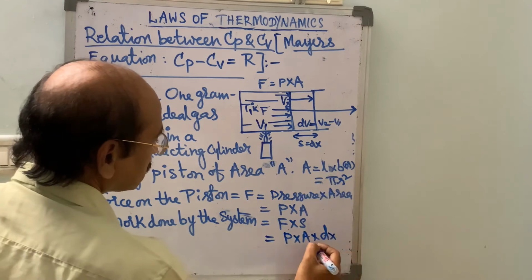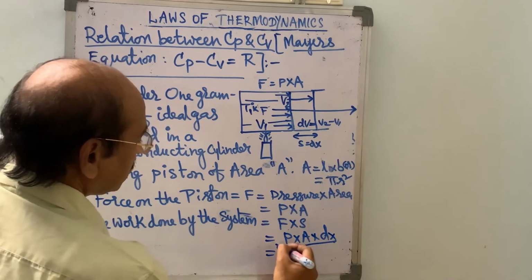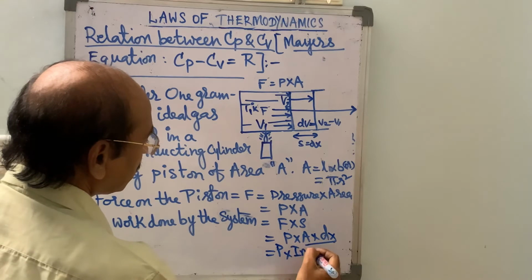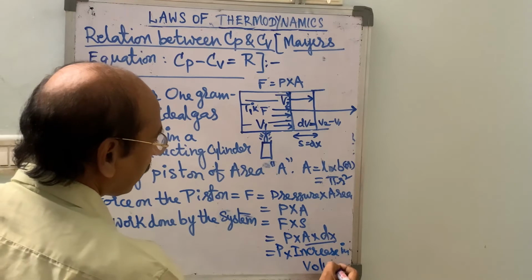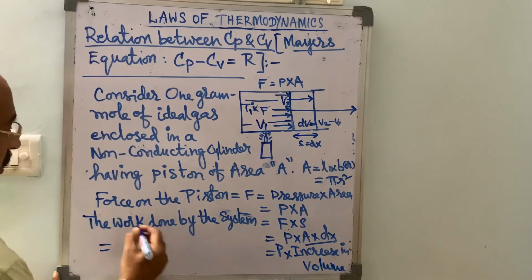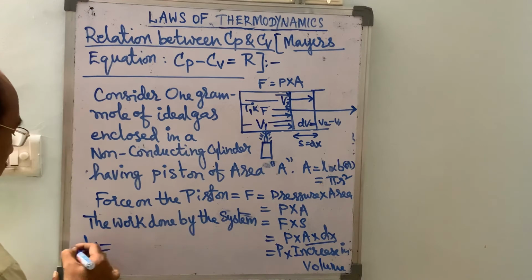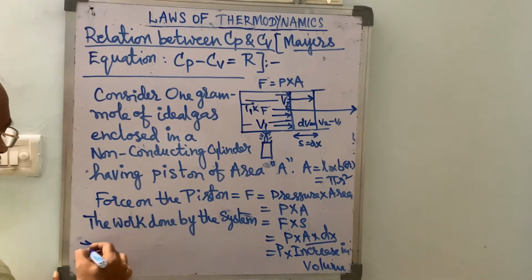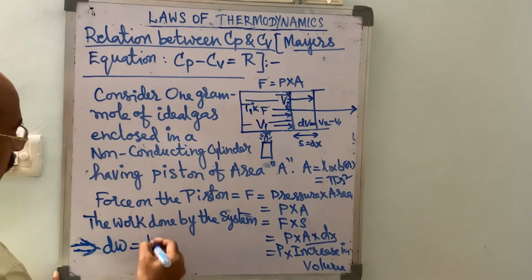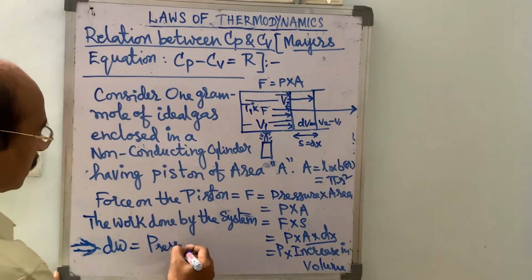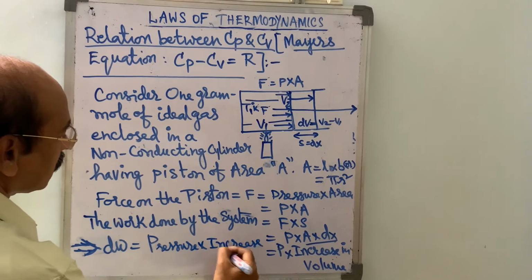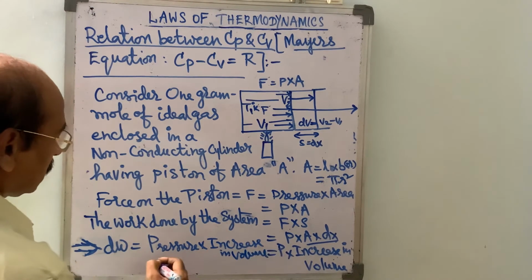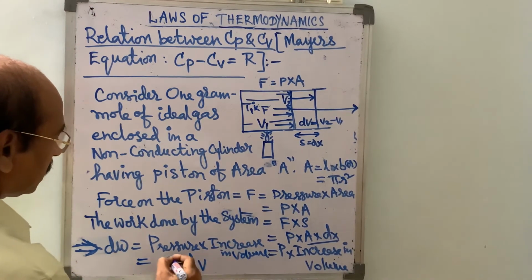Area into displacement is volume, so work done by the system dW is equal to pressure into increase in volume, P into dV.